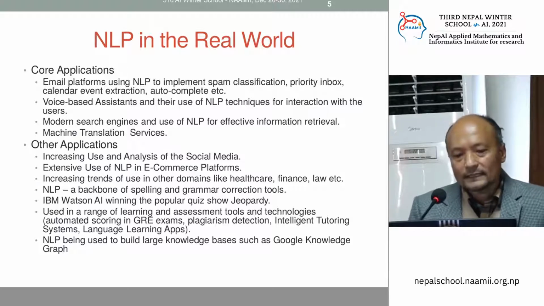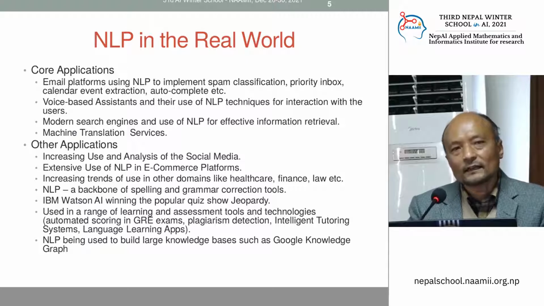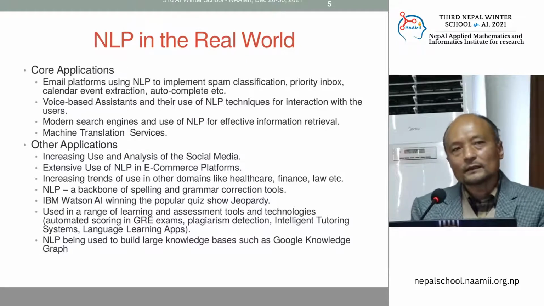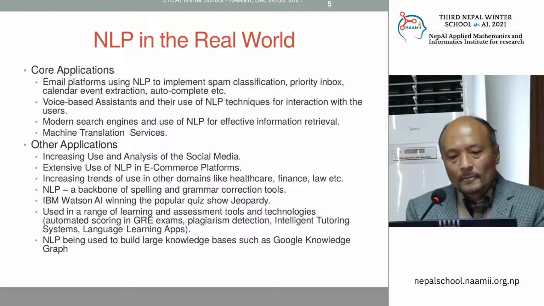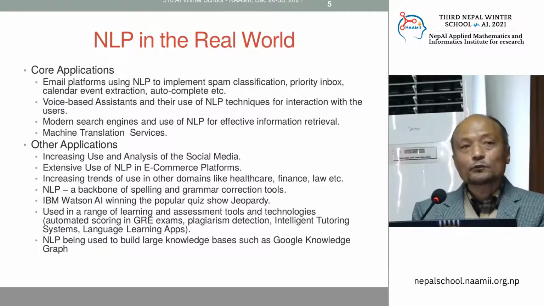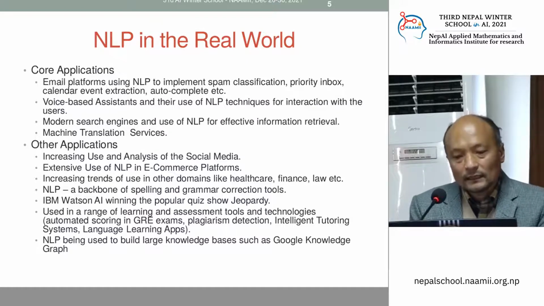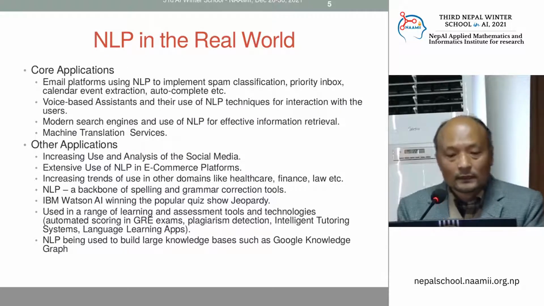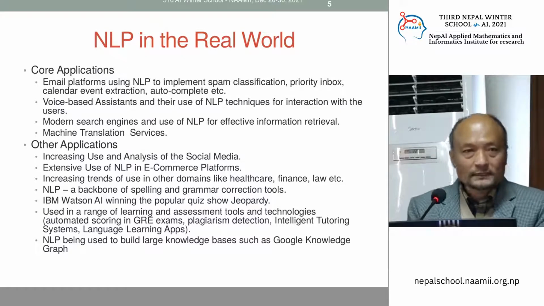There are other applications, right? So social media is getting more and more vibrantly used by everybody, and with that, there are applications which use and analyze the social media data. So there is extensive use of NLP in e-commerce platforms like Amazon, for example.